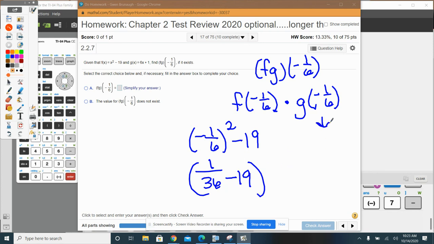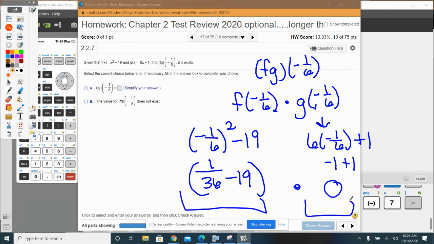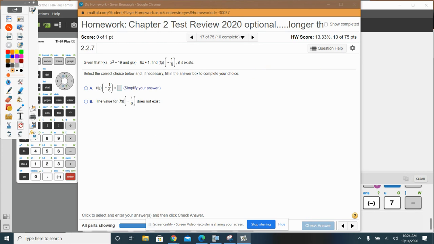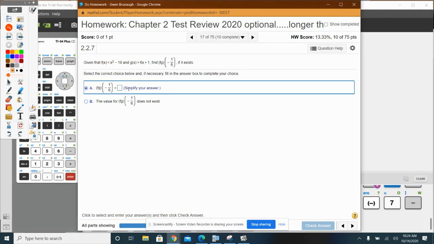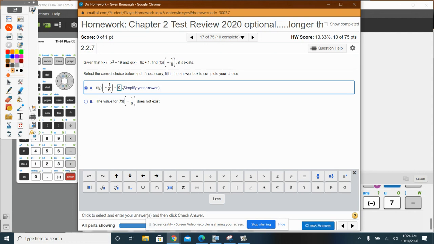Because when I do g of negative 1/6, I get 6 times negative 1/6 plus 1. Those sixes cancel and I get negative 1 plus 1, which is 0. And if I take some number times 0, guess what I get? 0. So the answer to this one is going to be 0.